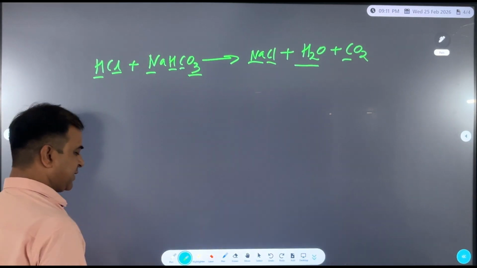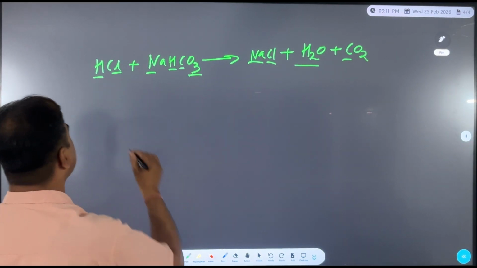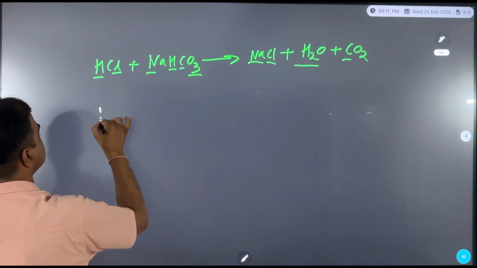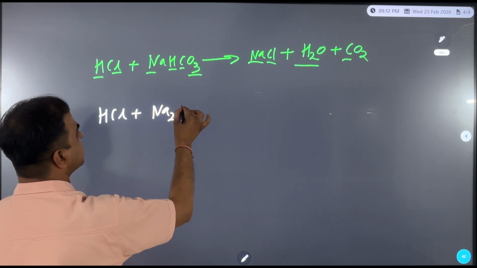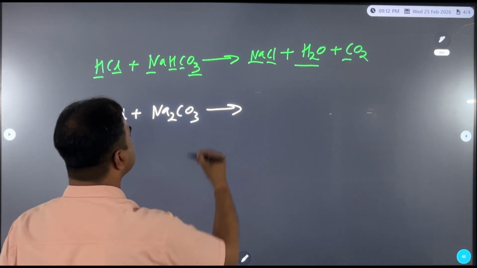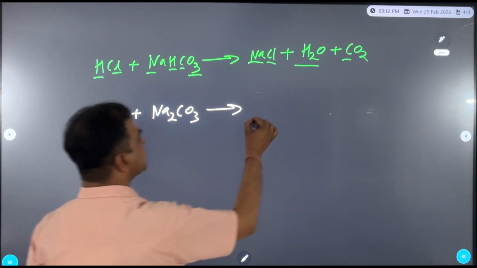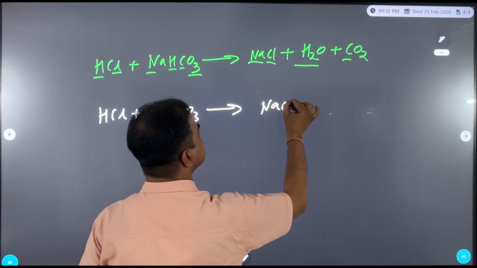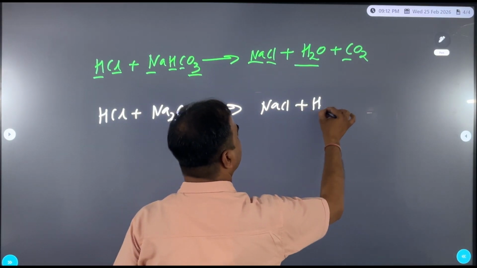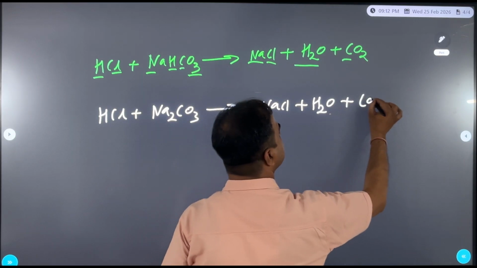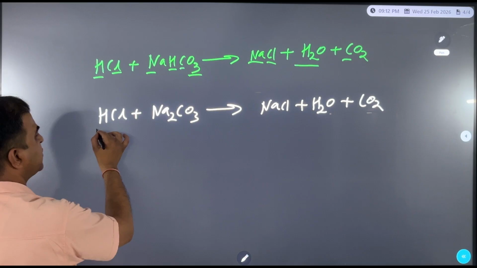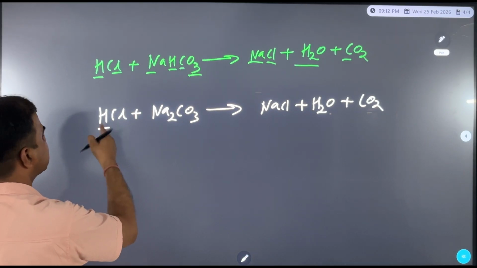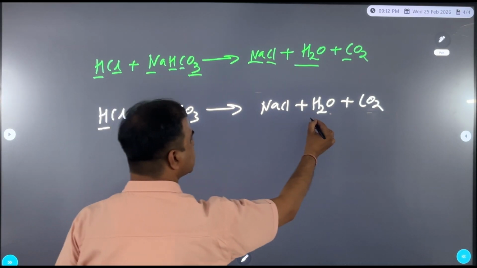But if we take some other example, say hydrochloric acid reacting with sodium carbonate, it is forming NaCl plus water and carbon dioxide. So here you see hydrogen is not balanced, it is 1 in number, over there it is 2.